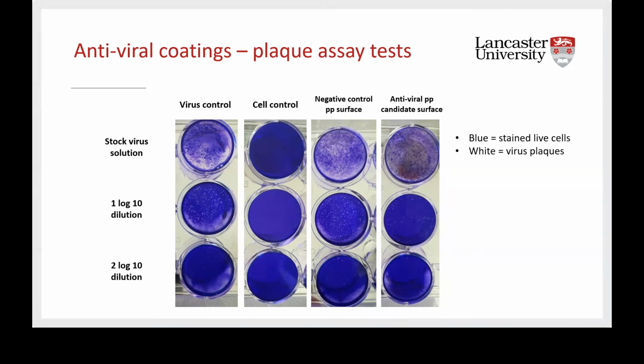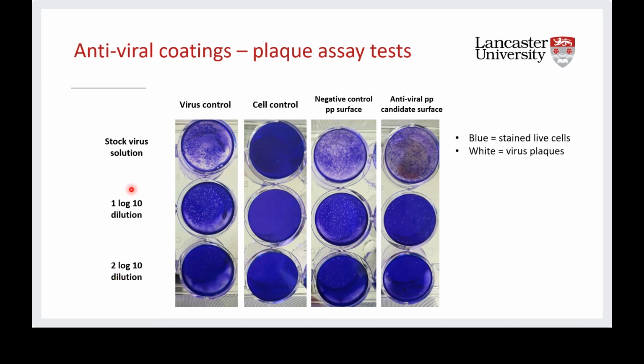The white or rather transparent regions, spots, are virus plaques, basically the areas where the cells have been lysed by the virus. The first row is the stock virus solution from before. That's the virus solution that we had originally. The next row down is the first dilution, and then the one below is a further dilution, and so on.